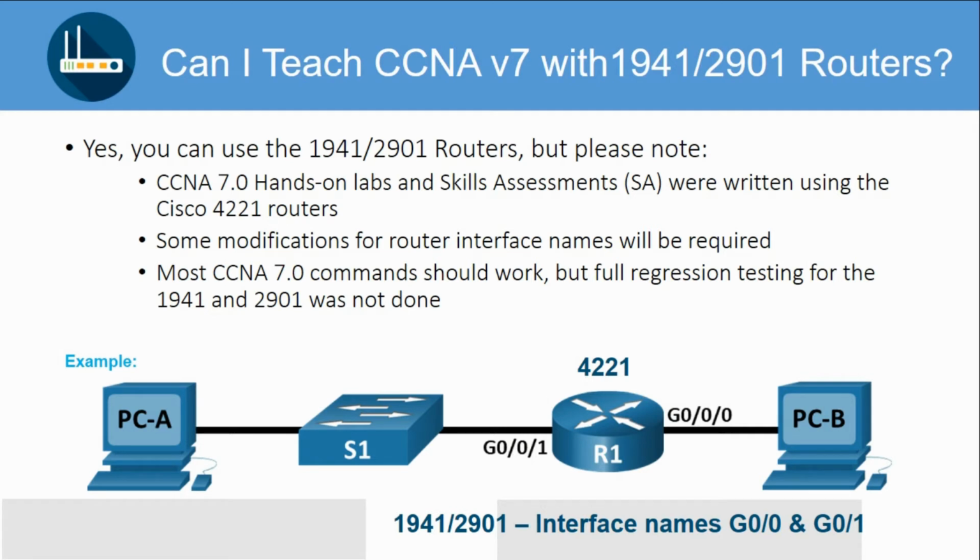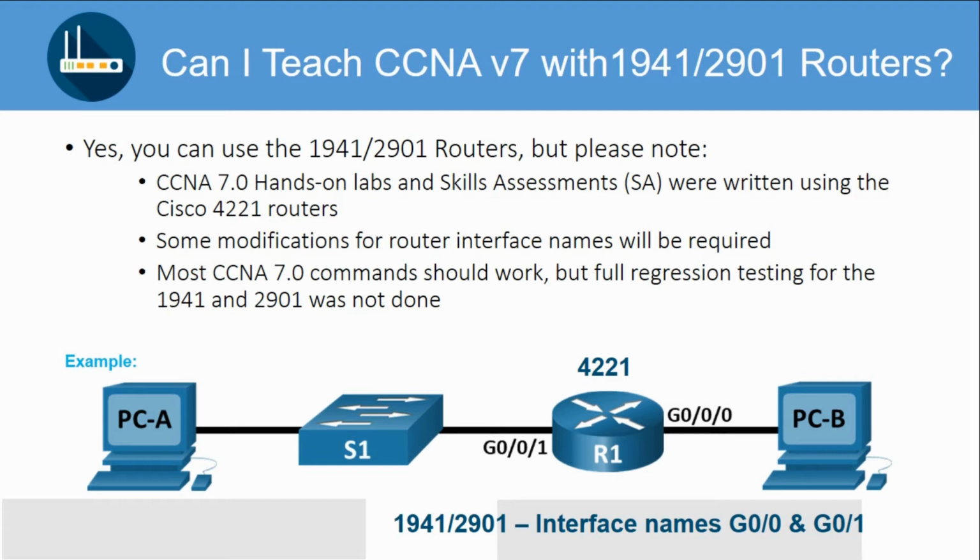Now, in case you don't have the 4221 or the 43 series router, and you only have the 1941 router or 2901 router, you can still perform the laboratory activities in version 7. But you need to take note that the interface names could be different.